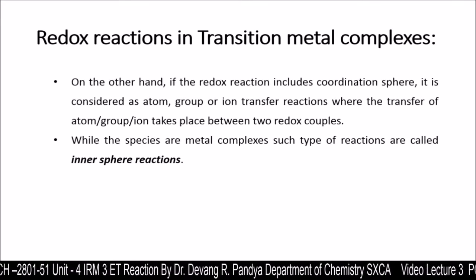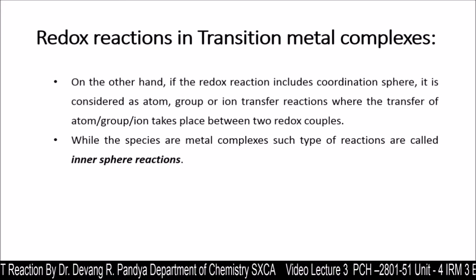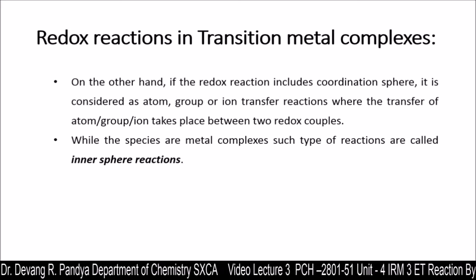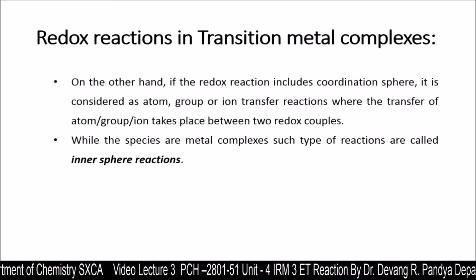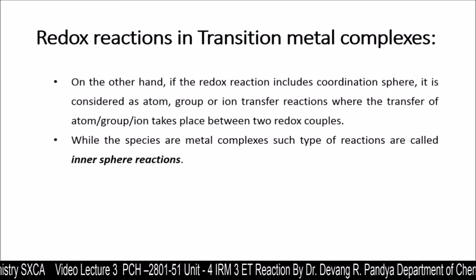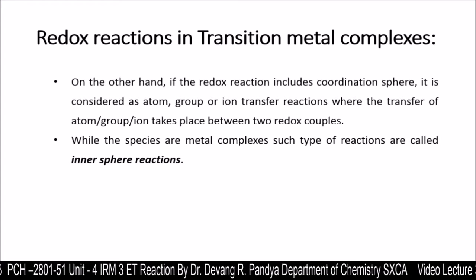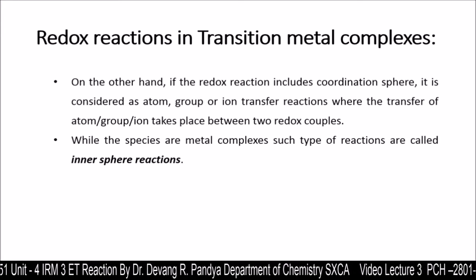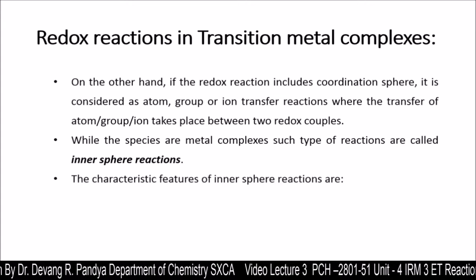Such types of reactions in metal complexes are called inner sphere reactions, and in inner sphere reactions the coordinating sphere of the reaction couple, that means the ligand, undergoes some changes, which is not observed in outer sphere. Now it can be observed in the inner sphere mechanism.